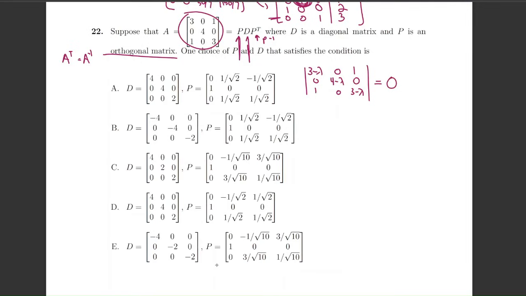So we get 3 minus lambda times 3 minus lambda times 4 minus lambda, minus 0, because I'm just going to expand along this column, and then plus 1 times the determinant of 0, 1, 4 minus lambda, 0, equals 3 minus lambda times 3 minus lambda. I'm just going to factor out the 4 minus lambda to make our lives easier.